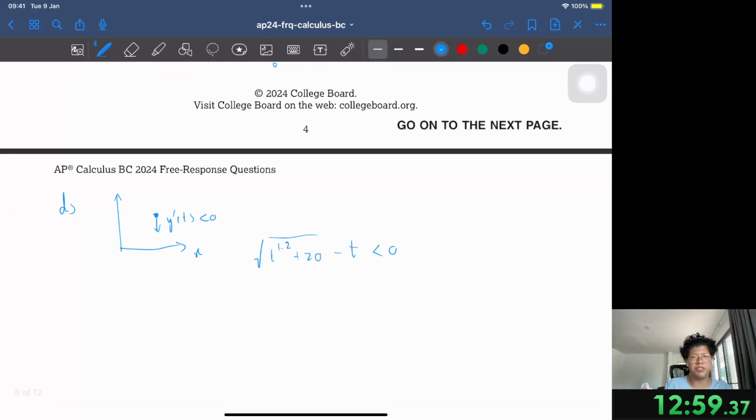So we graph that in our graphing calculator, and let me do that quickly. It is the square root of t to the 1.2 plus 20 and then minus t.